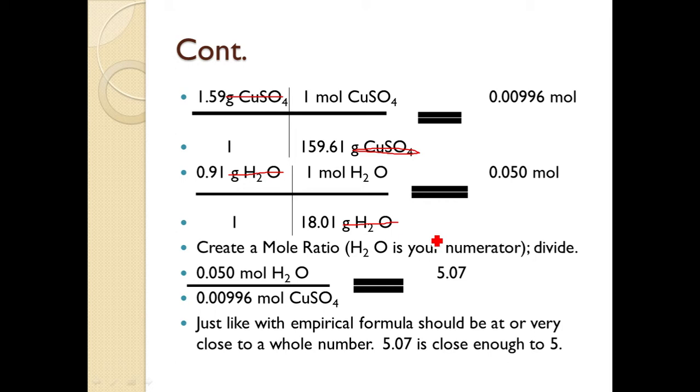And for the most part, you will always get a number that's extremely close to a whole number, unless you made a mistake in your math. But for this example, and for the question that's on the lab, you should get very close to a whole number. 5 is the whole number in this example.